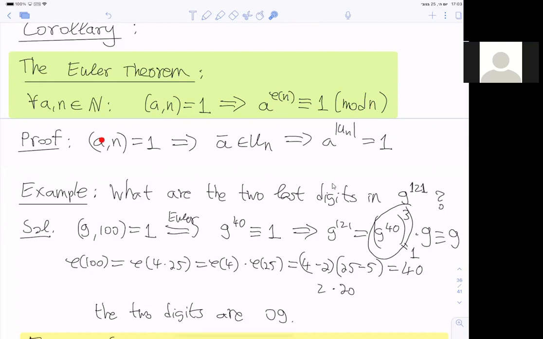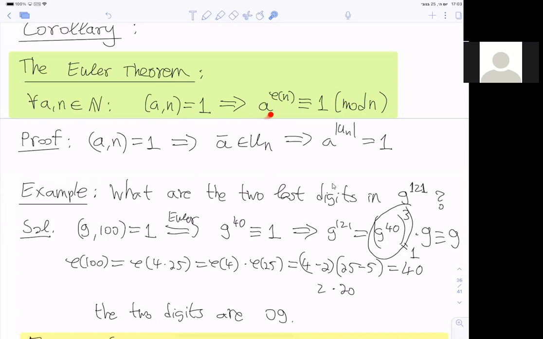Because if A is co-prime to n, it doesn't matter if A is bigger or lower than n, because when we say A, we refer to the residue modulo n, since we are always looking in the world of modulo n.